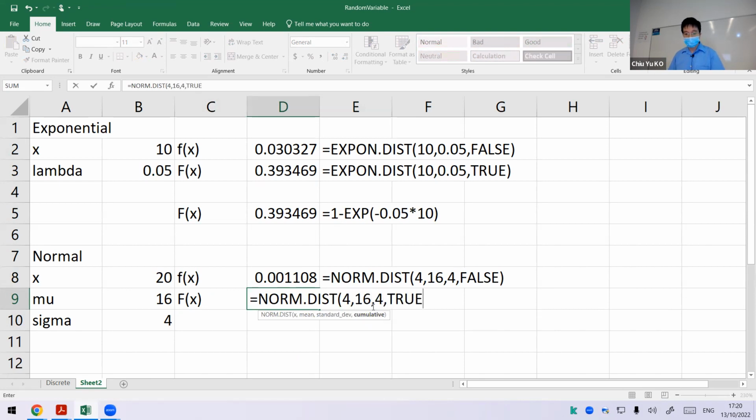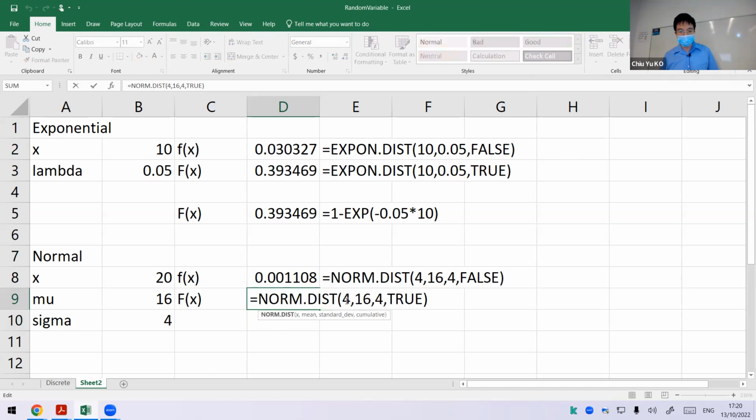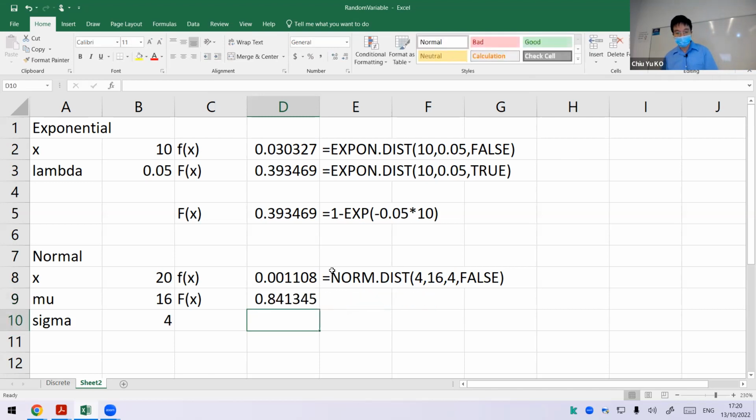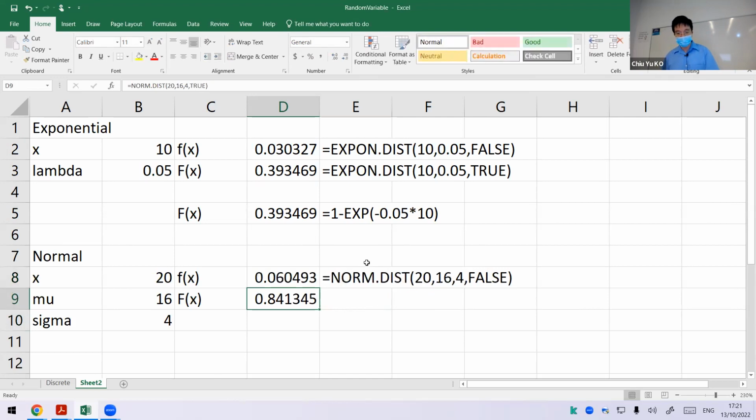So you can see in particular, this is the F. Let me see. Oh, sorry, it should be 20. Okay. So you can see from this question, the good thing is we actually don't need to convert it to standard normal.